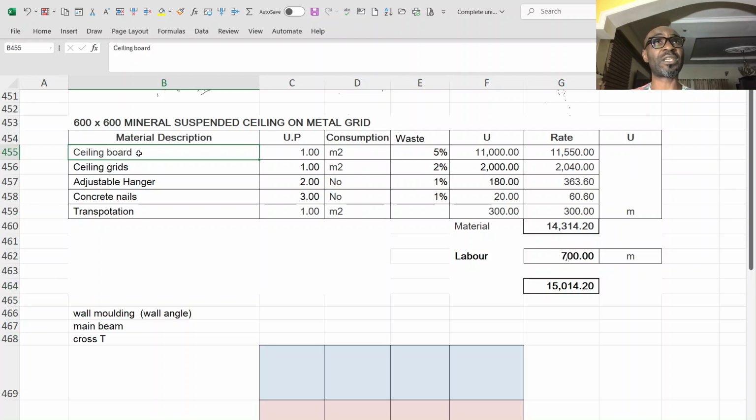If the acoustic tendencies are high, the price is high. If the tendencies are low, the price is low. We have the laminated ceiling, which is 10 mm thick and cheaper as well, basically used in the toilet because it resists humidity.